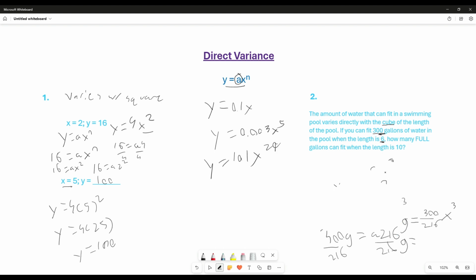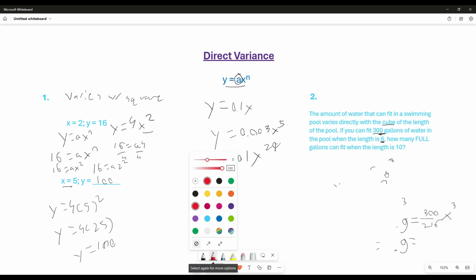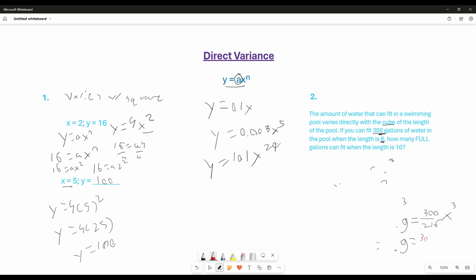Alright, so the number of gallons that can fit in it is equal to 300 over 216.